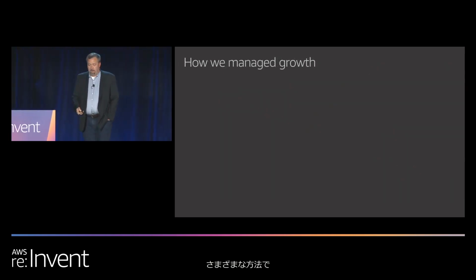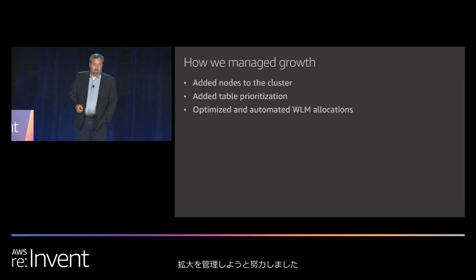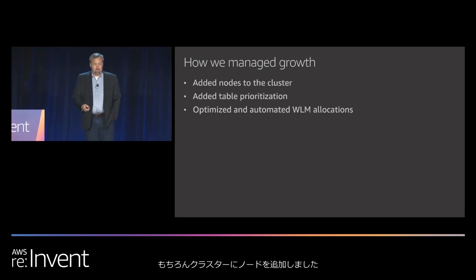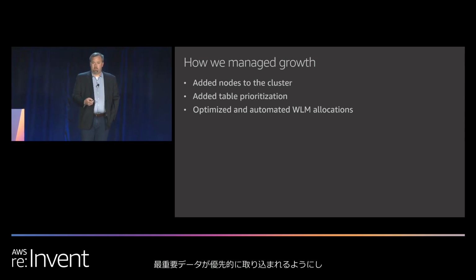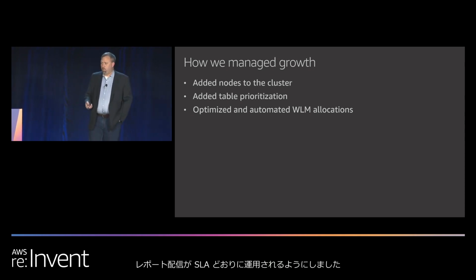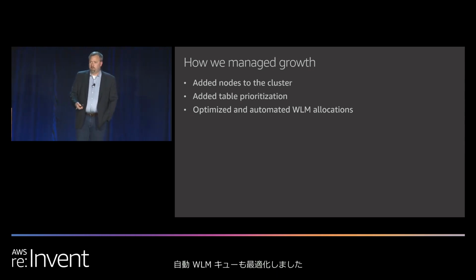So during that time, we managed growth in a variety of ways. Obviously, we added nodes to the cluster. We added table prioritization logic to make sure that the most important data was being ingested first in order to ensure that our SLAs were being met for the report deliveries. We optimized and automated WLM queues.